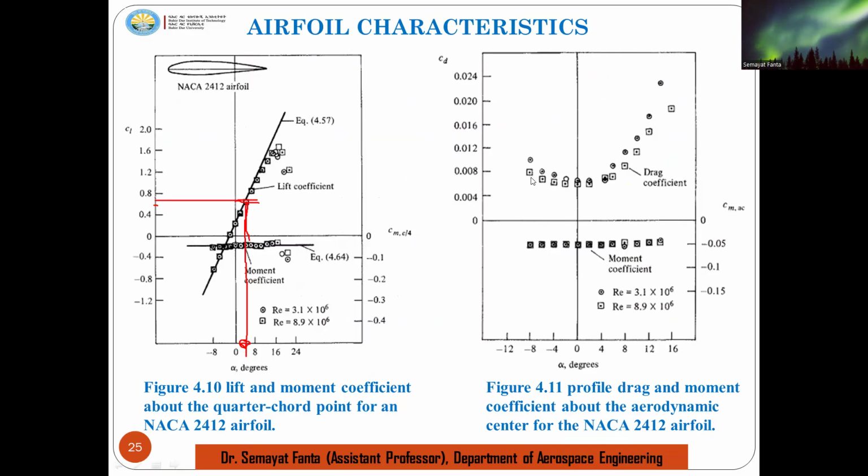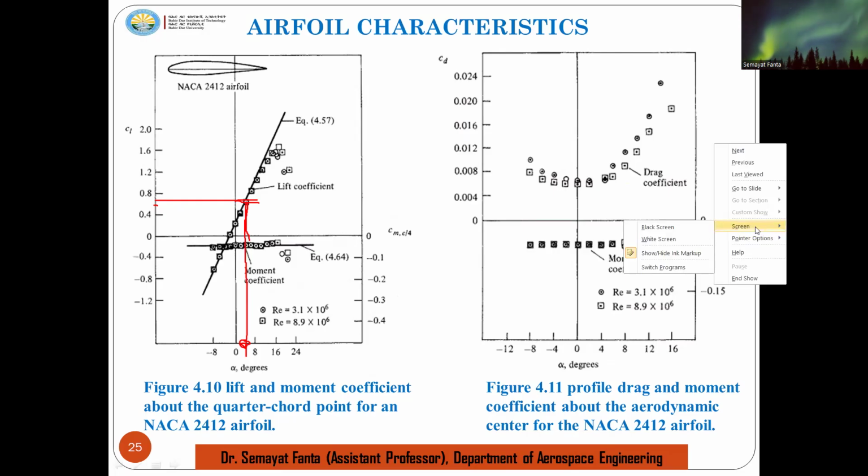This diagram indicates Reynolds number of 8.9 times 10 raised to 6. And the oval-shaped type of data represent lower Reynolds number. So based on that, for alpha equal to 4 degree, we can trace it from alpha equal to 4 degree here.